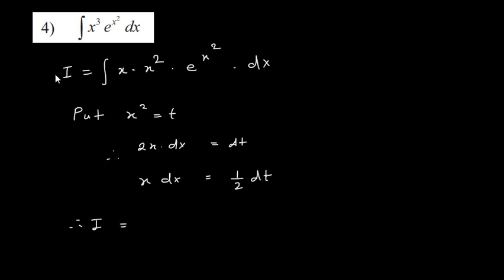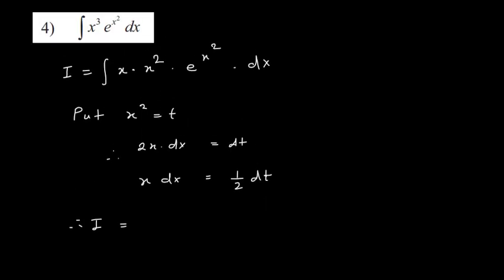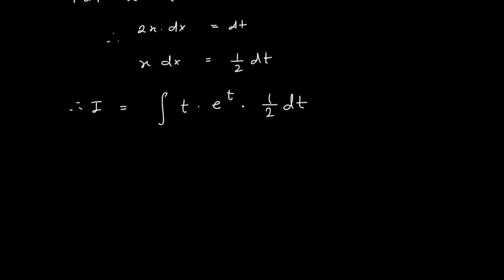So your integration I is equal to integration, now this x dx we can write as 1 divided by 2 dt. This x square I will write as t, and this e power x square I will write as e power t. So t into e power t into 1 divided by 2 dt. Now this 1 divided by 2 you can take out.